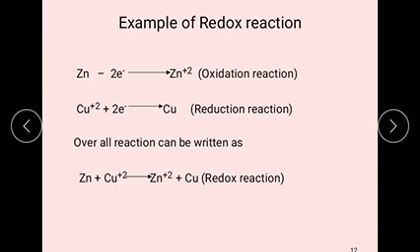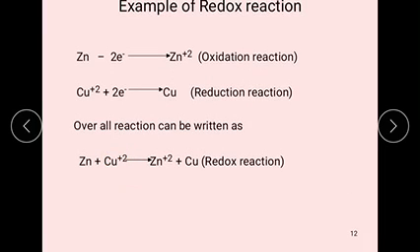At the same time, there is a decrease in the oxidation number of an element. Here, for copper plus 2, the oxidation number is equal to its charge, and it is capable of accepting two electrons. The two electrons are gained from the zinc, so its oxidation number is plus 2 and it converts into copper.